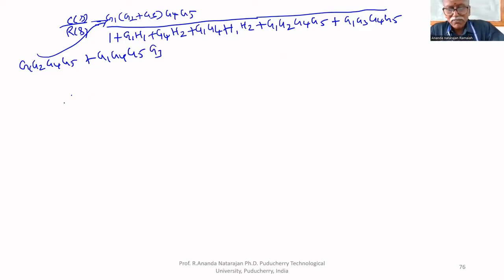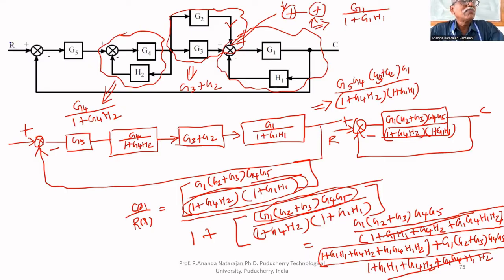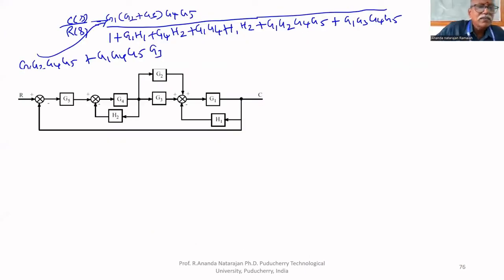So in the signal flow graph, we have to draw signal flow graph. This is source node. R is the source node 1. This is second node. This is third node, fourth node, fifth node, sixth node, seventh node, and the eighth node is the sink node. Now we have to draw the signal flow graph.